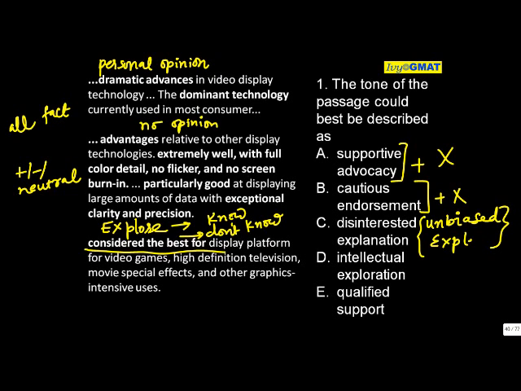All scientific passages are written with bias or unbiased? No bias usually. Scientific passage. No bias. Objective, unbiased explanation. So you can call disinterested means objective, scientific, unbiased explanation. What is the difference between uninterested and disinterested?